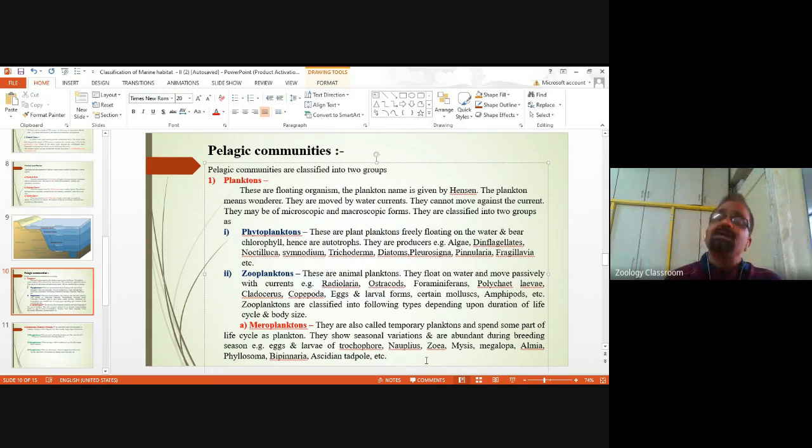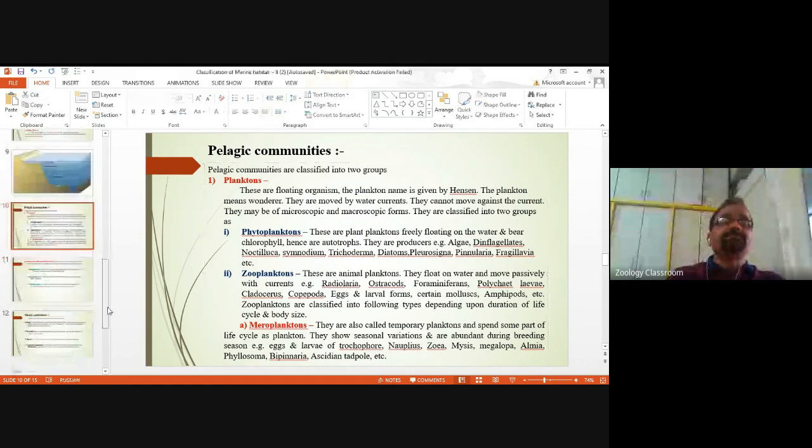But once they are metamorphosed, once they are transformed into the adult, their life stage is changed and they lead an independent life. So the adults are not considered as planktons or meroplankton. These larval forms lead their life as temporary planktons.